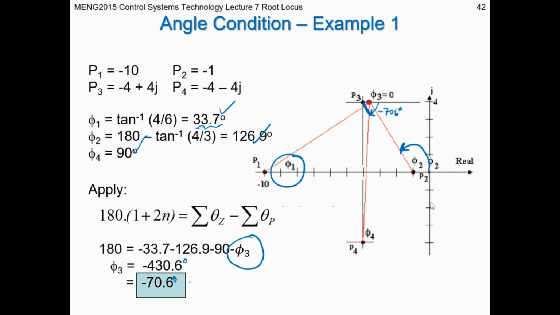Okay, Ernell, you're asking what n represents in this equation. N is just like we did when we looked at the angle of the asymptotes. We had that same factor, it's just an integer number, and it scales from 0, 1, 2, 3, 4. So it's an integer counter, if you like.